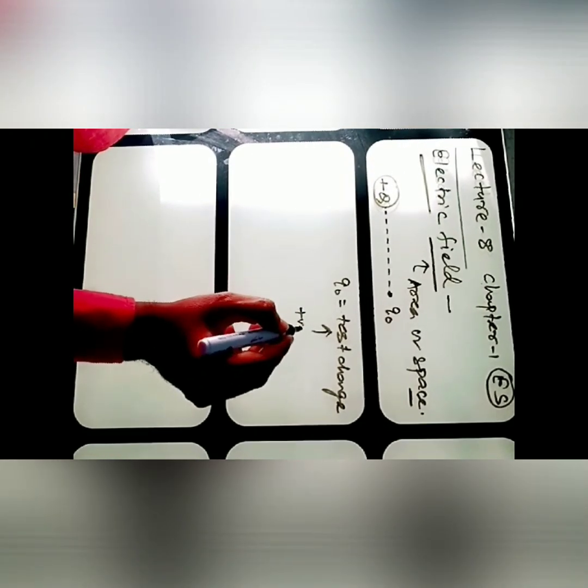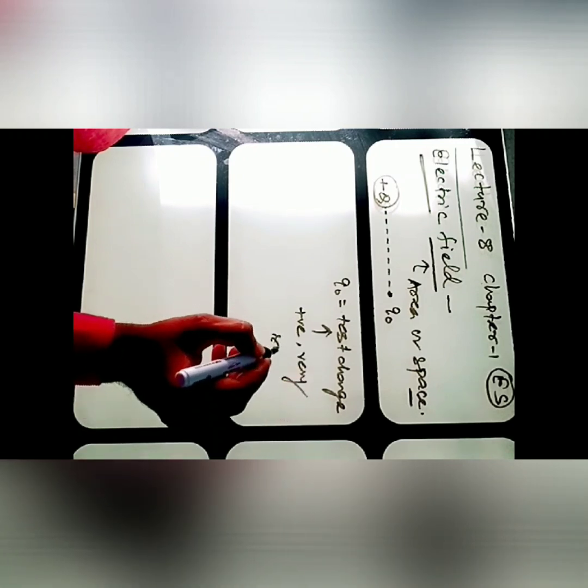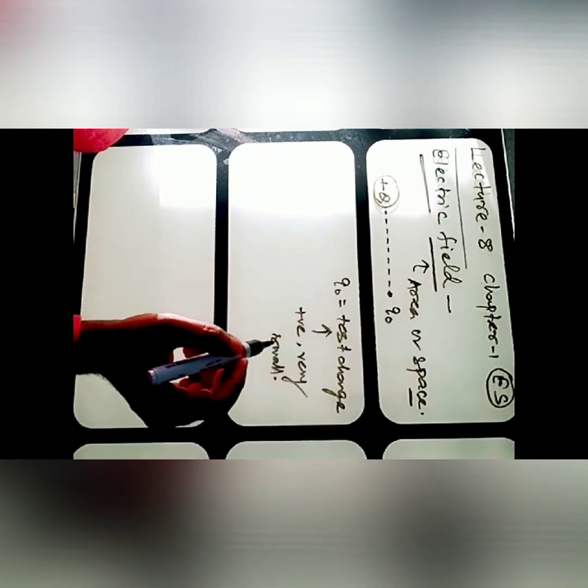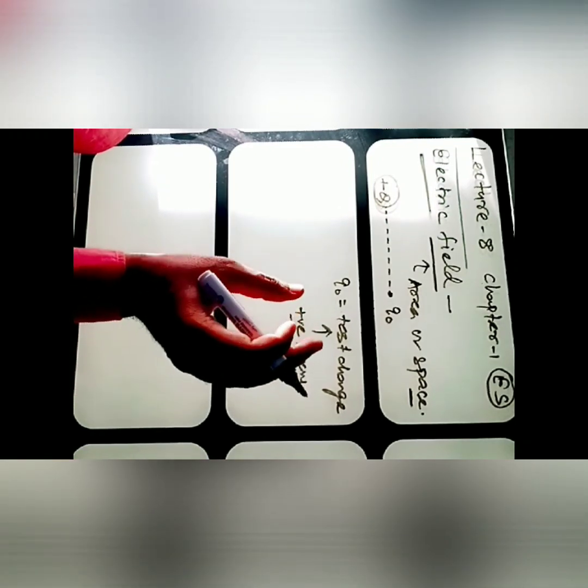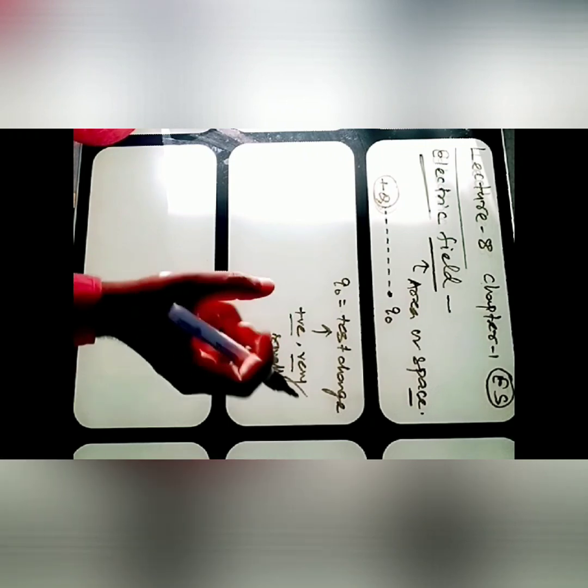Usually we take its nature as positive and the magnitude very small. The reason behind taking this test charge as positive we'll discuss later on. The reason behind very small is so that this charge can be influenced by other charges easily with the great magnitude.